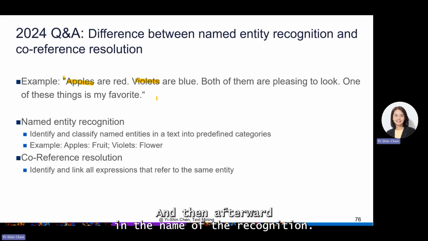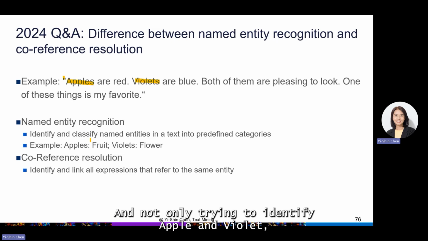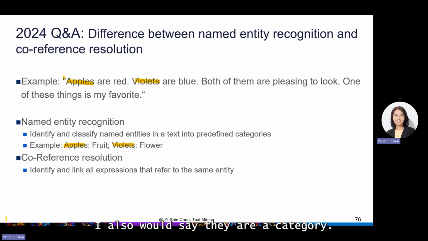And in named entity recognition, I'm not only trying to identify apple and violet, I also state their category. Fruit is a category for apple. Flower is a category for violet. Okay, so that is named entity recognition.